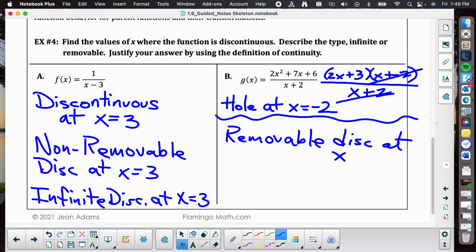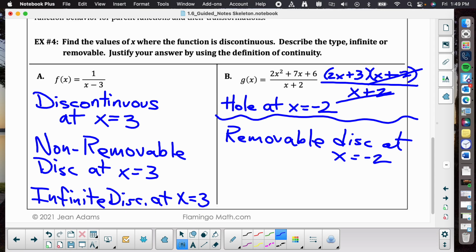at x equals -2. Now, if we wanted to use the definition, I skipped that part because it's so much extra work. But the definition of continuity would mean we'd have to find f of -2, and then the limit to the left of -2, the limit to the right of -2.